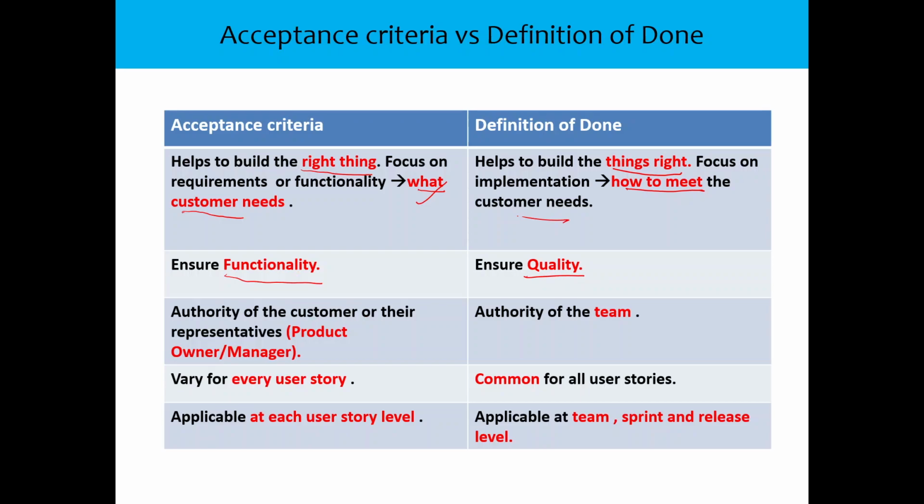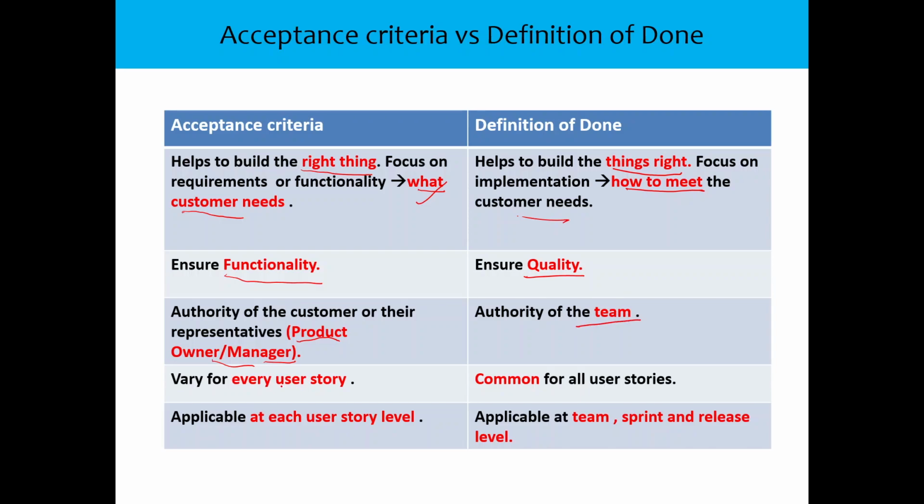In acceptance criteria, the authority is the customer or their representatives, meaning it will be decided finally by the product owner or manager. For definition of done, the authority is the team.